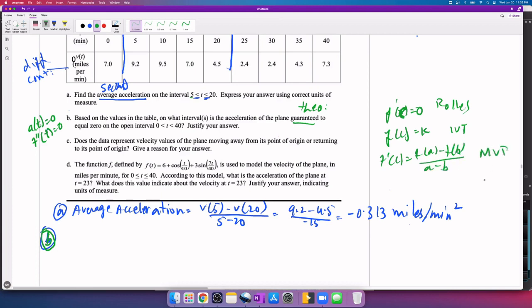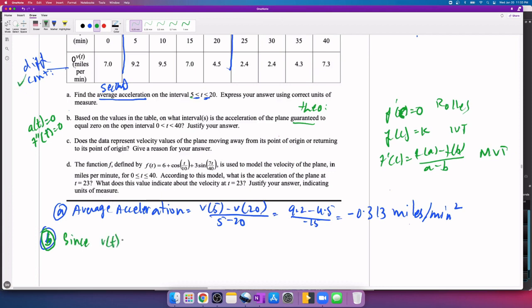So Rolle's is the only one where the derivative equals 0. In this case, it's asking double prime equals 0, so we know it's Rolle's theorem. According to Rolle's theorem, the function has to be continuous and differentiable, and we already said this is continuous and differentiable.